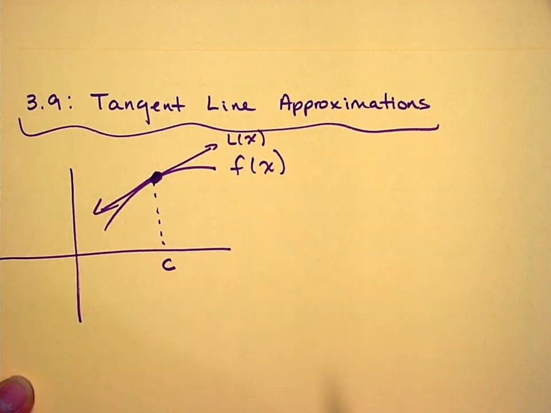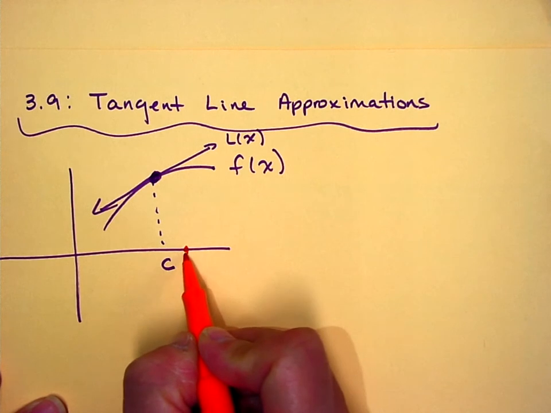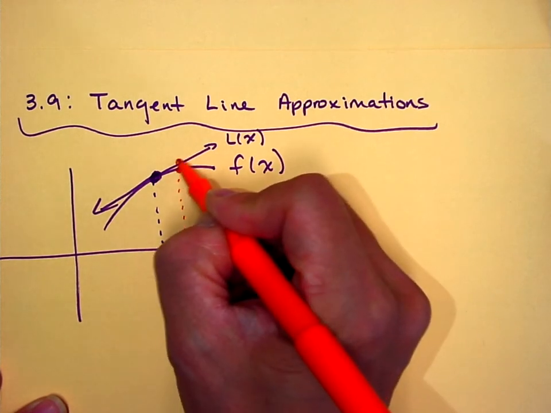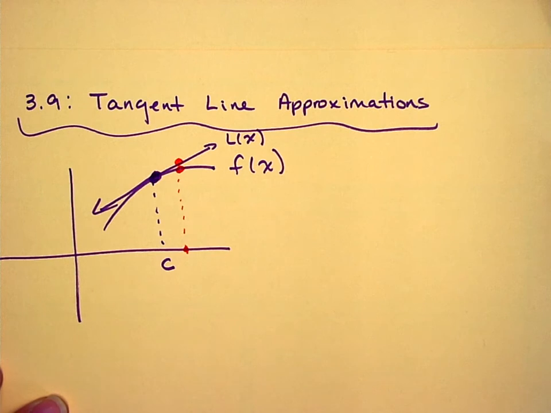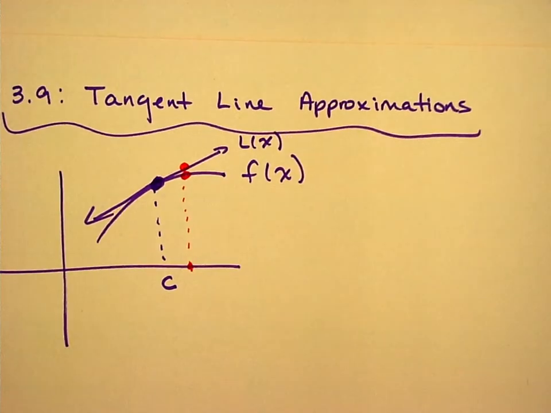But if f of x is a complicated function, so let's say I pick a point very close to C but a little bit further to the right, obviously the value of the function and the value of the line are going to be different, but as you can see, those y values are very similar.